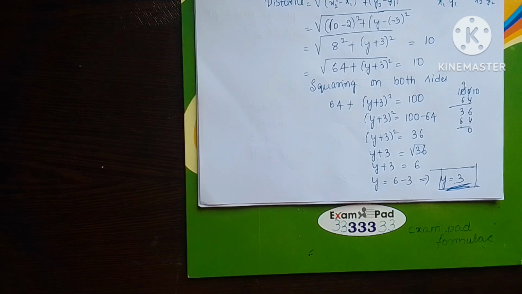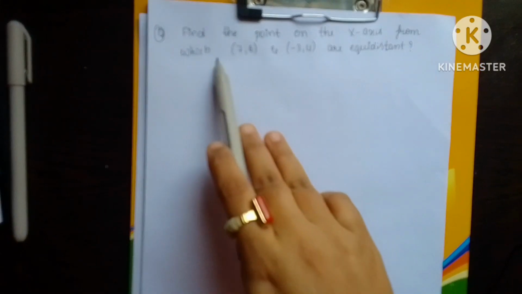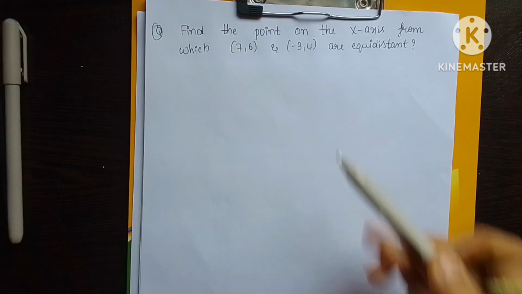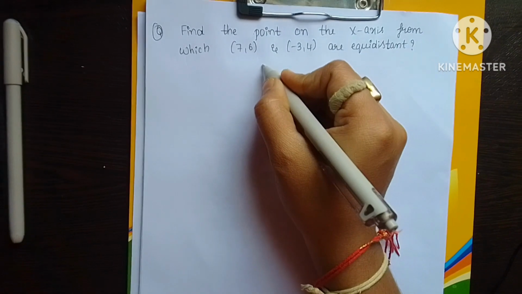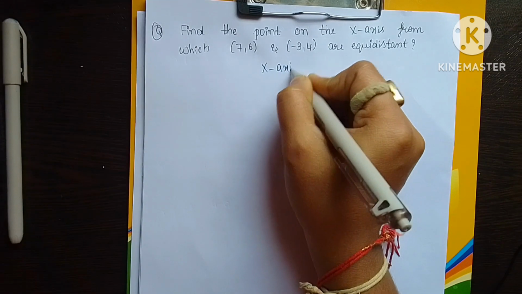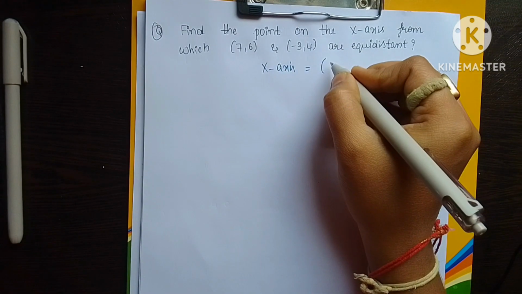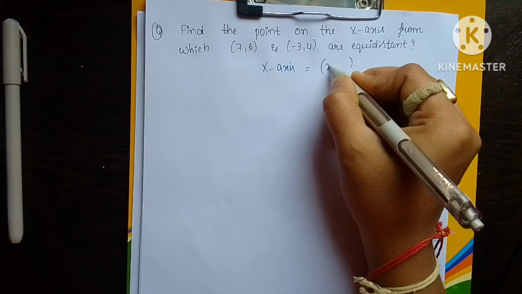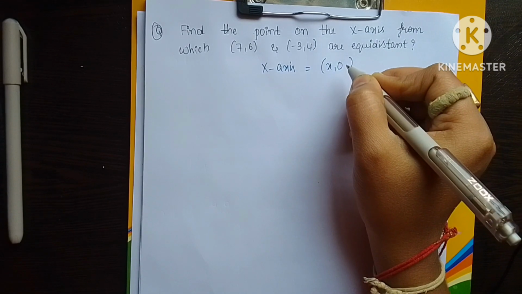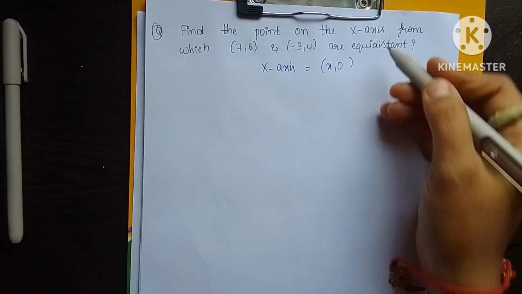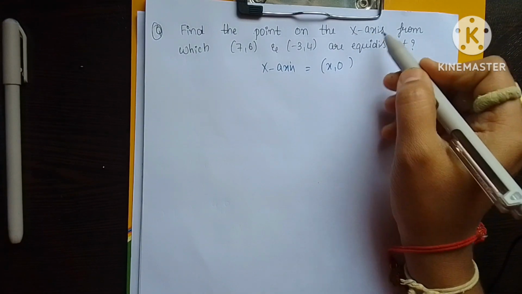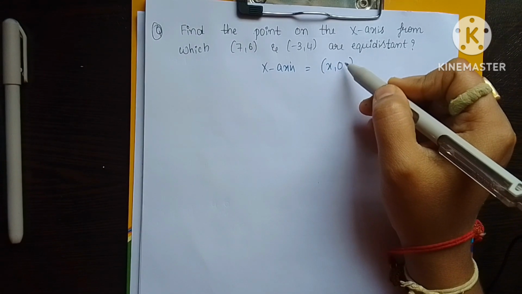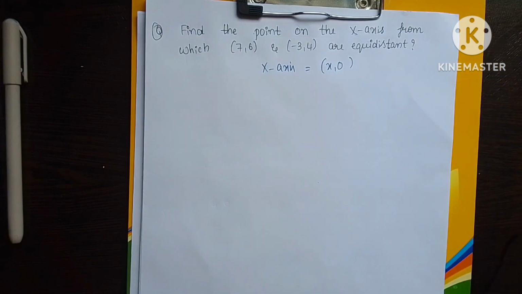That's it. Next: to find the point on the x-axis from which (7, 6) and (minus 3, 4) are equidistant. So we have to find the point on the x-axis. A point on the x-axis means the y coordinate will always be 0, so let us take (x, 0). The x coordinate is present and the y coordinate is 0.